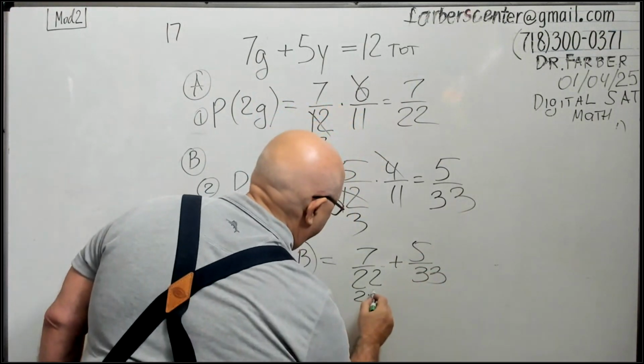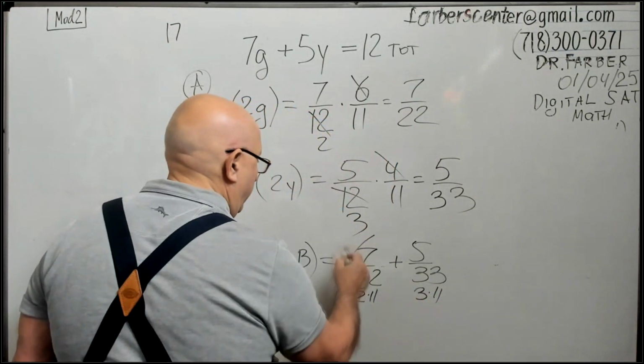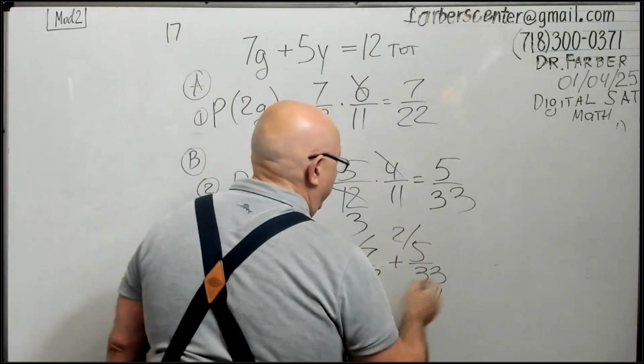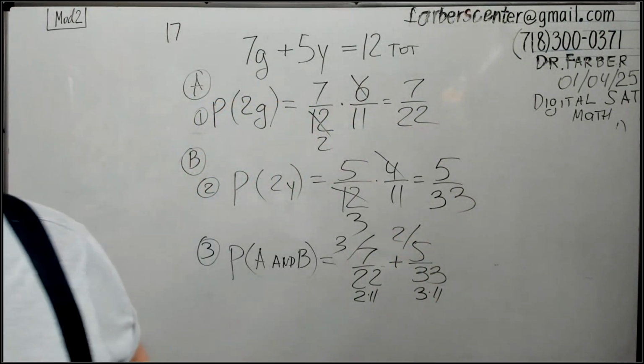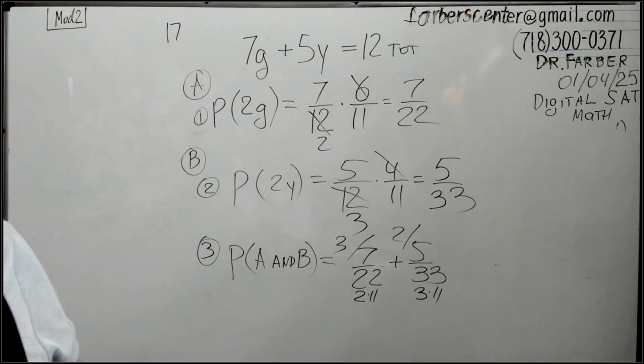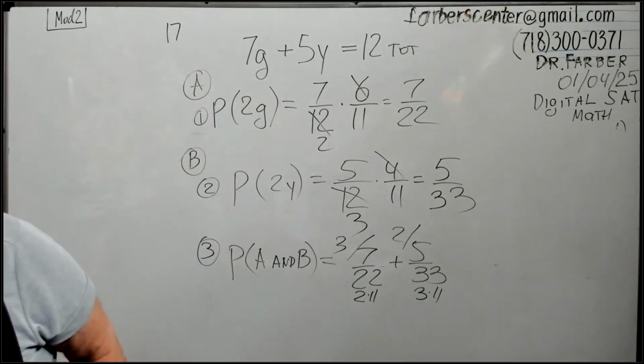Think this 2 times 11 and this 3 times 11. That's why here is 3 and this is 2. Add them up, you get the answer. Who understands up to this point? 100% students, 100. Good, good, good. Probability.